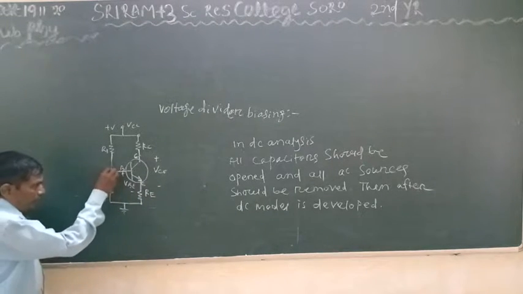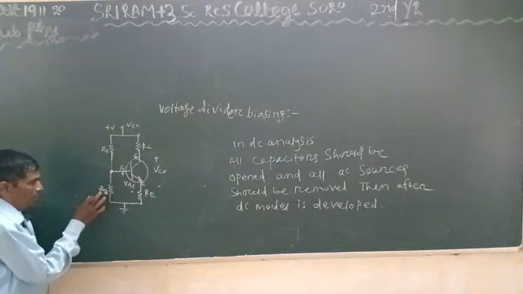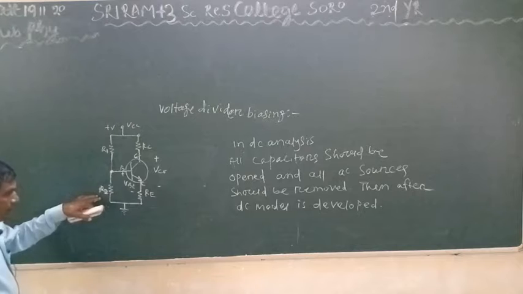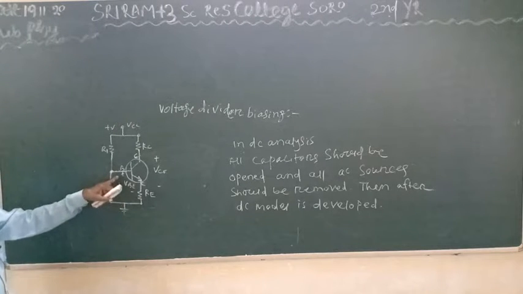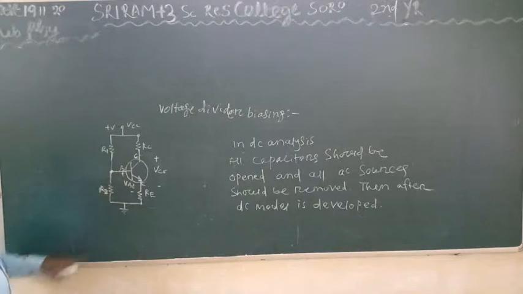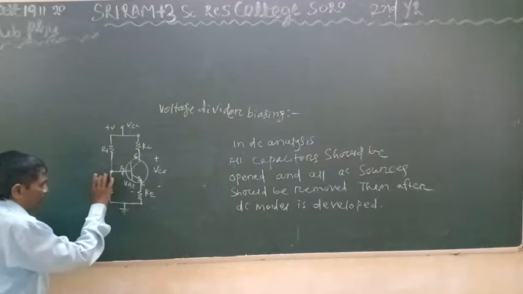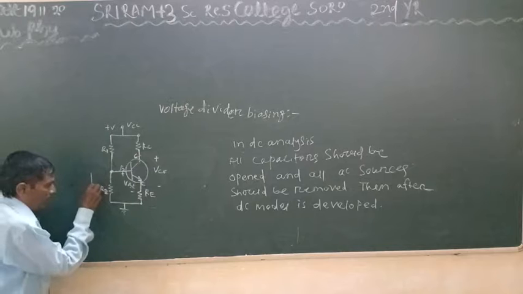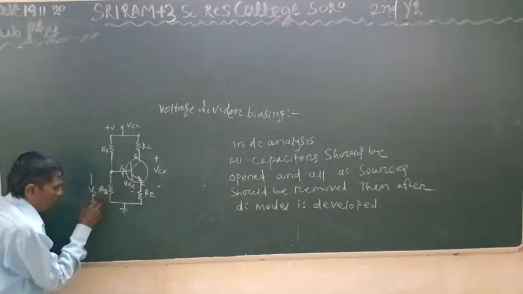Here R2 decides the forward biasing of the base emitter junction. So this is the voltage drop across the R2 resistor. Now this is V2.